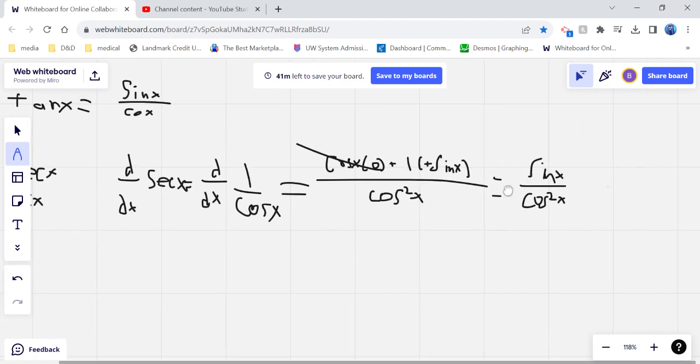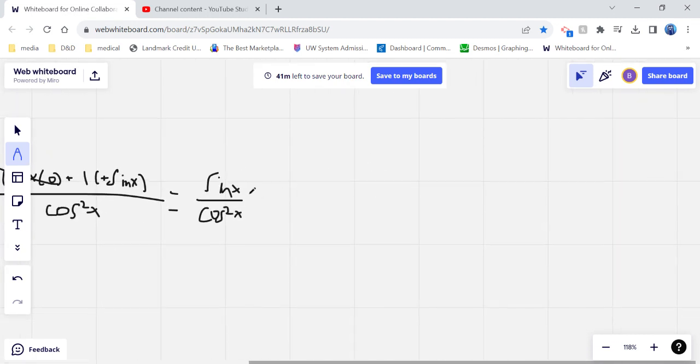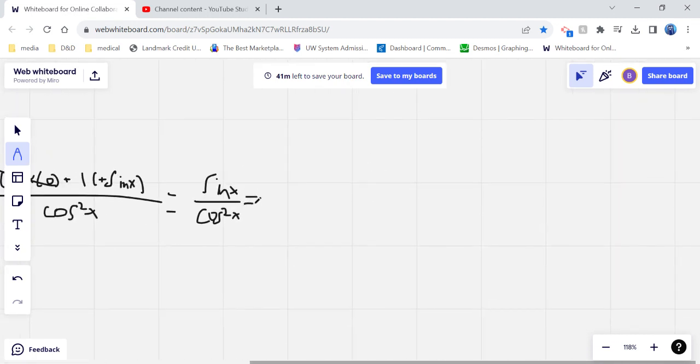And to simplify this further, we're going to break apart that cosine squared of x into two different factors. So we're going to take sine of x over cosine of x, and we'll have this multiplied by 1 over cosine of x.